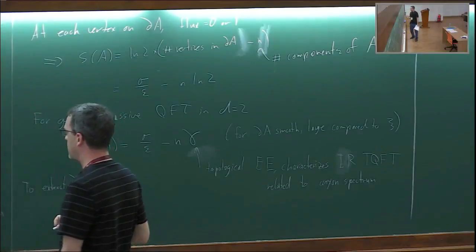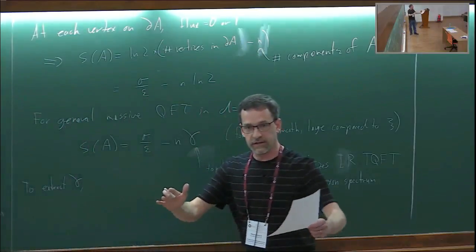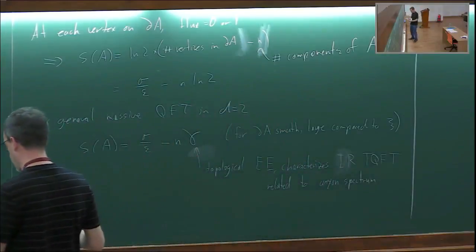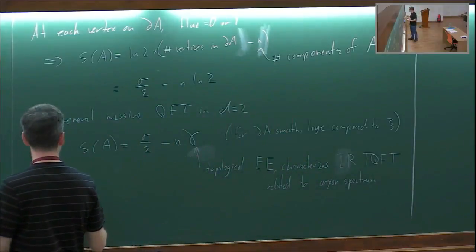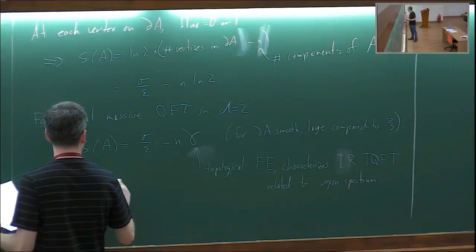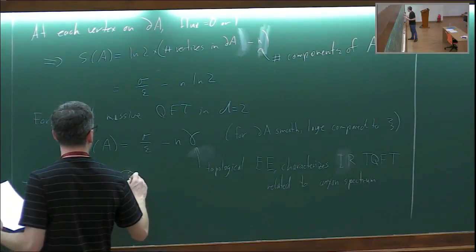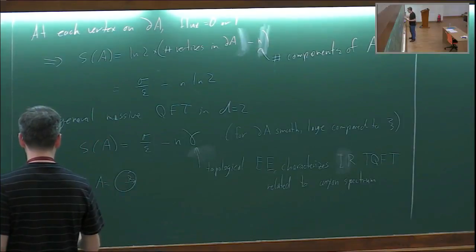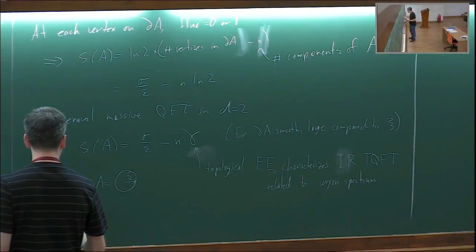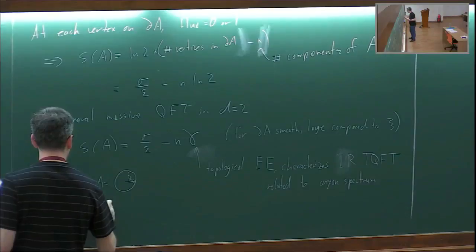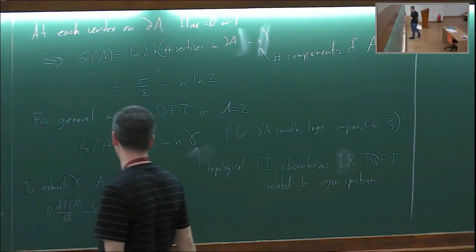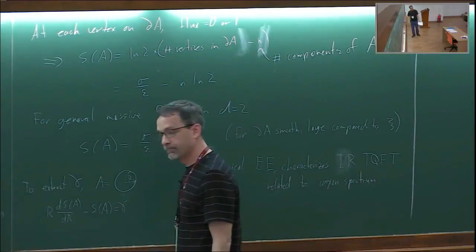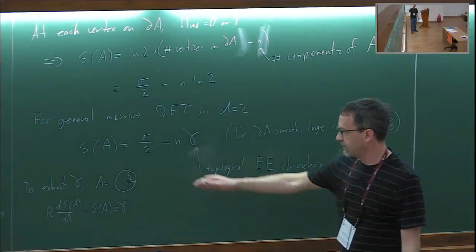You can take derivatives with respect to the size of A. You can take A to be a circle of radius r, and then you compute r dS of A dr minus S of A. And this will tell you gamma. That cancels out this term.